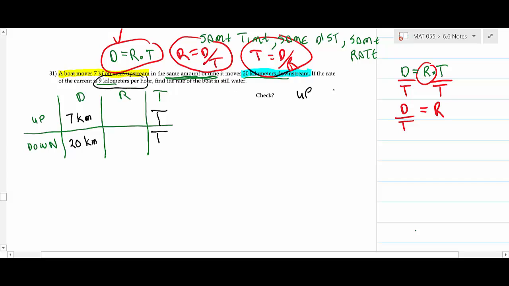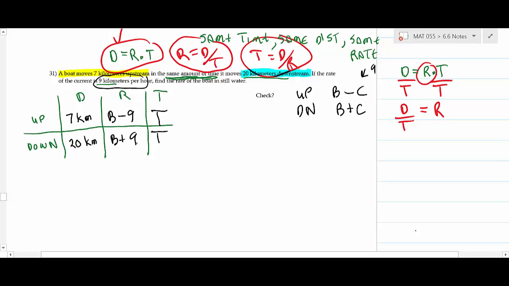So remember, if you're going upstream, you're doing the boat minus the current. But if you're going downstream, what does the current do? It makes you go faster. So that would be B plus C. Now, we know what C is. C is 9. They gave you that. That's different. When we did these problems early in the semester, we didn't do that. So what I'm going to have here is B minus 9. Then I'm going to have B plus 9 there.